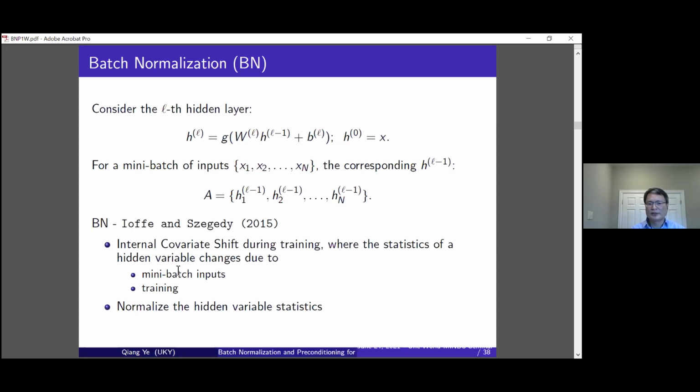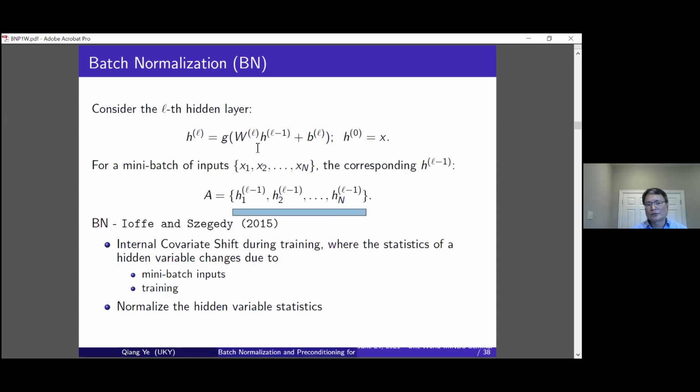Batch normalization observed that for mini batch training there is something called internal covariate shift. During training, this happens when the statistics of a hidden variable change. If you look at the mean and variance of this mini batch of hidden variables, when we train over a new mini batch with a new input, the mean and variance of H might change due to the change of the input.